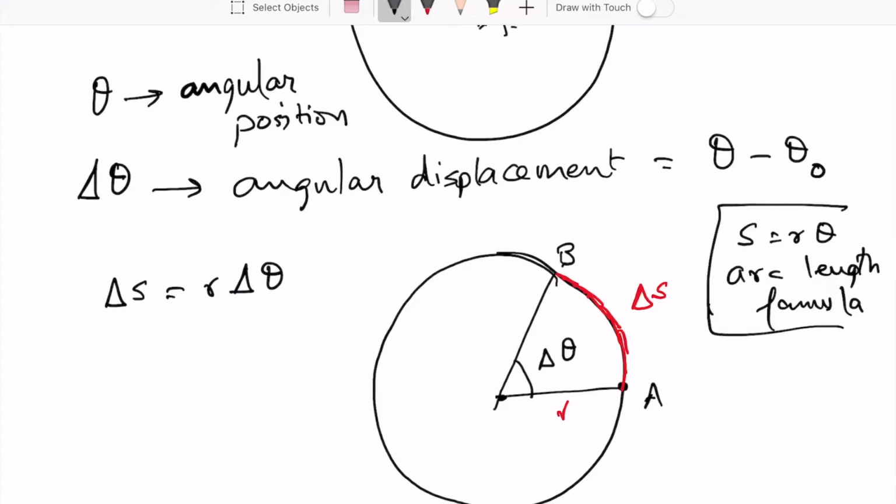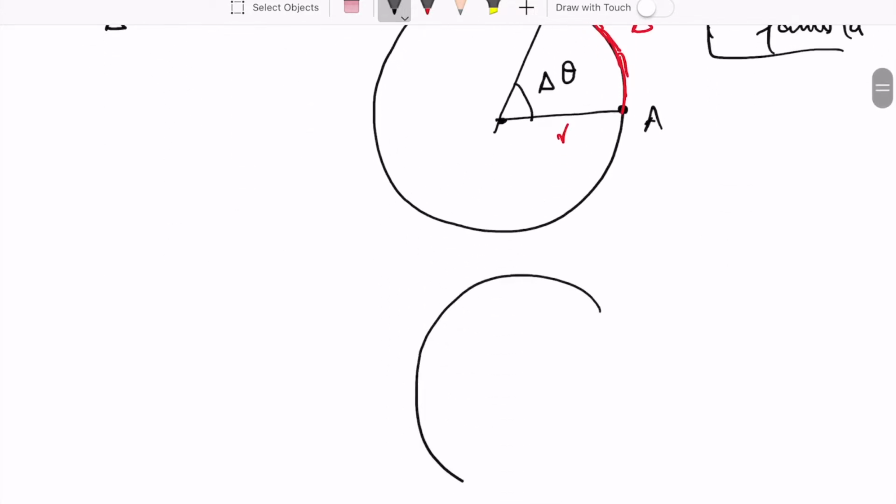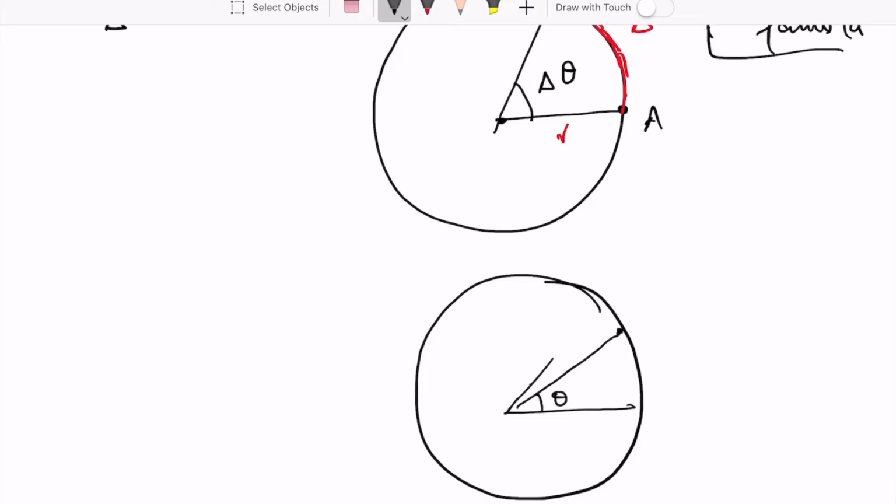Okay, now suppose the object moves through a very, very tiny angle. I'll just draw a different one. Suppose this is our circular path, and the object was initially over here at an angle theta, and then it changes its angle by a very, very tiny amount. So let this angle be called d theta, right? You know that a very tiny change to a variable in calculus, we just call that d of that variable.